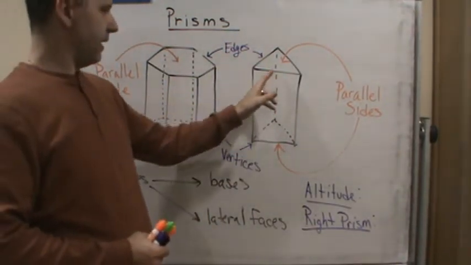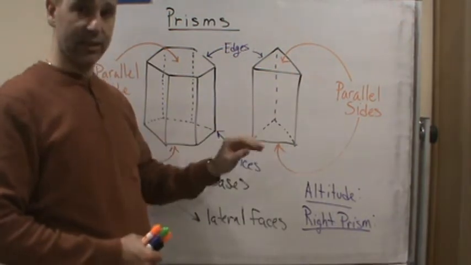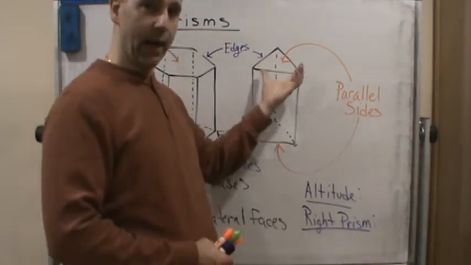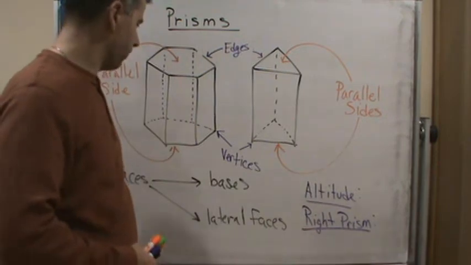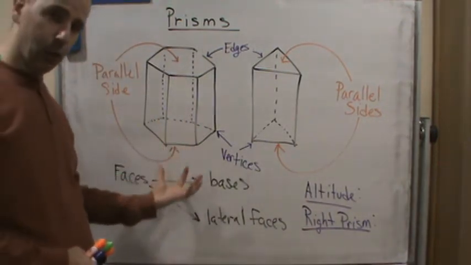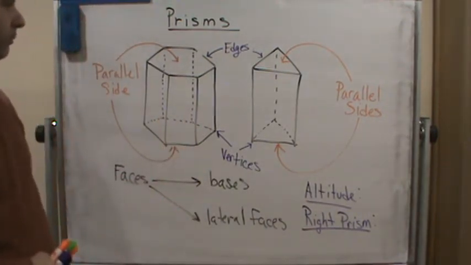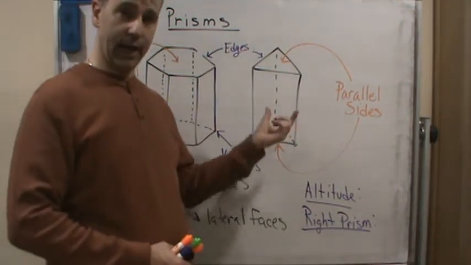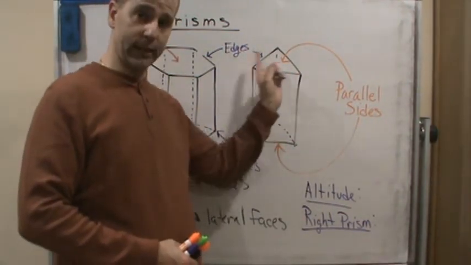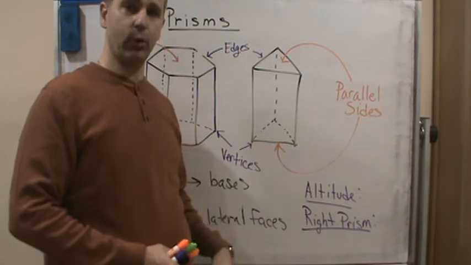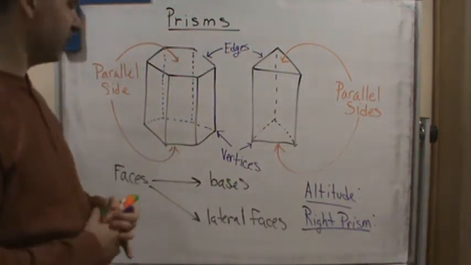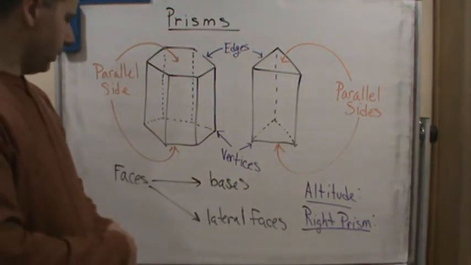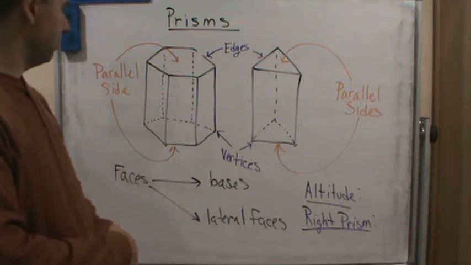Since this has a triangle base, the way we would name this would be a triangular prism. This would be a hexagonal prism. Or in other words, if we had one that had a square or rectangular base, it would be a rectangular prism. Okay, I think that's it.